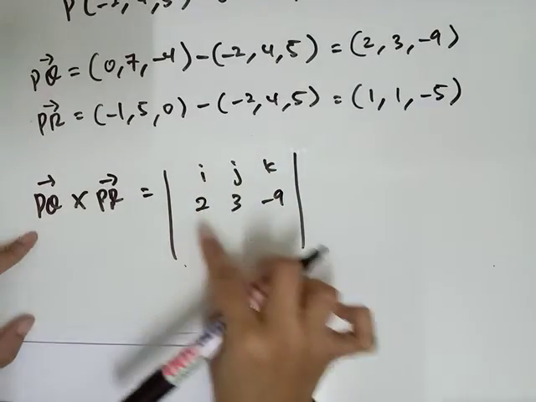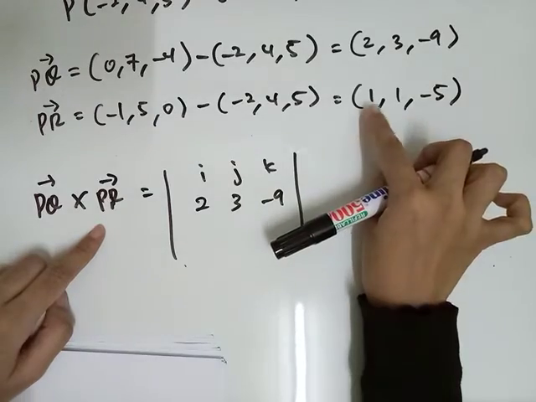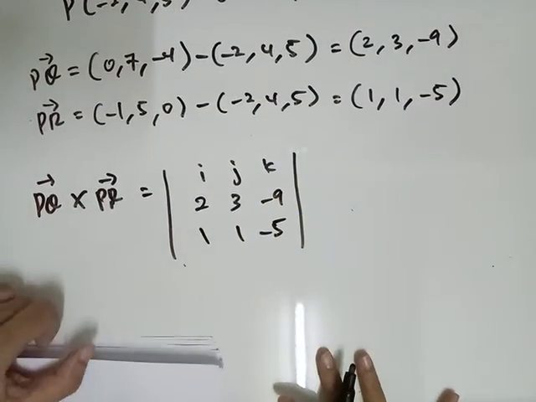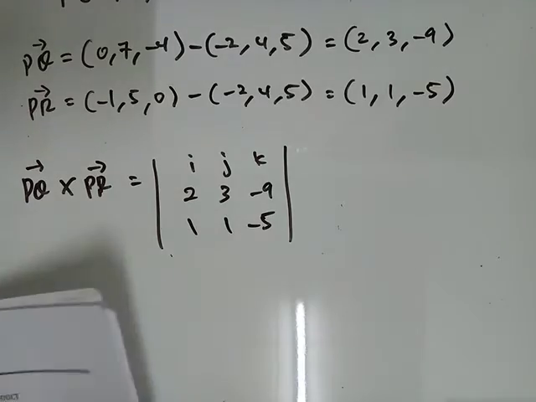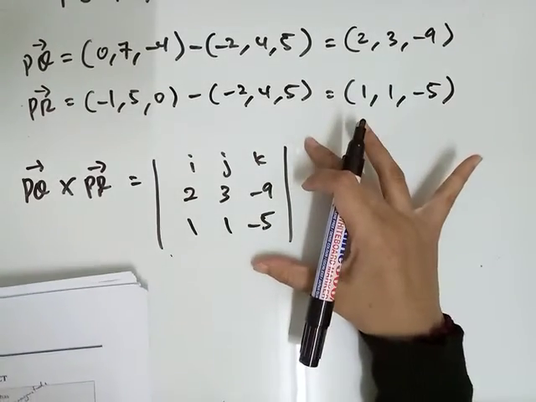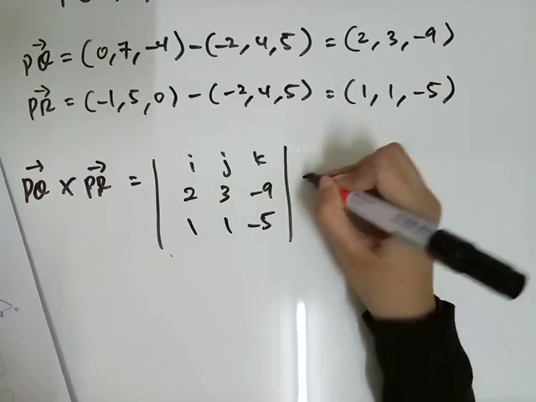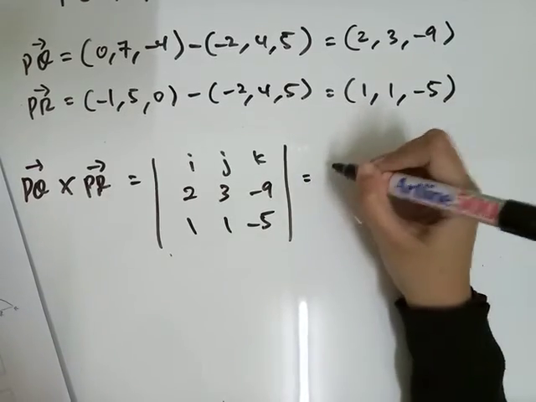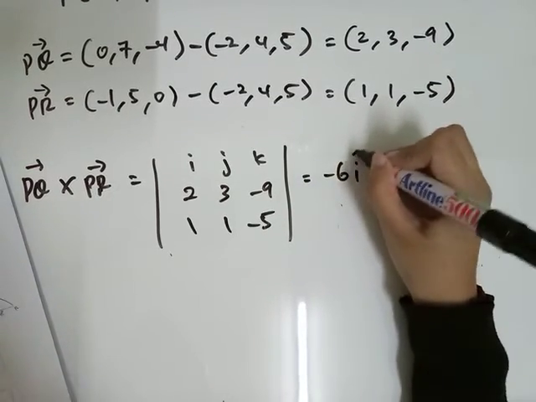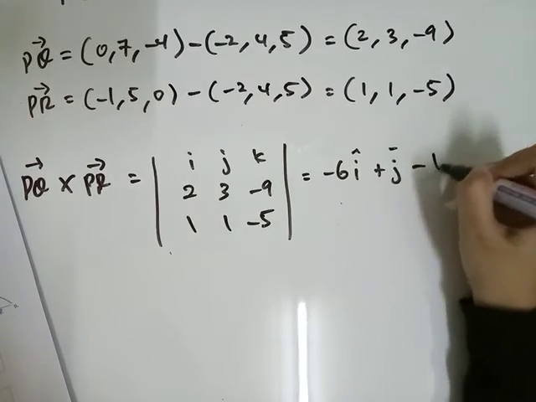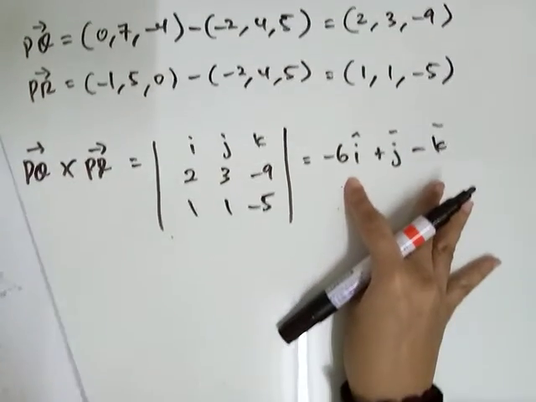And then, the last row should be vector PR, 1, 1, negative 5. Okay, so, cross product using determinants. Awak calculate. Okay, the last answer, yang ni saya dah siap kira lah. The last answer should be negative 6I plus J minus K. This is the last answer.